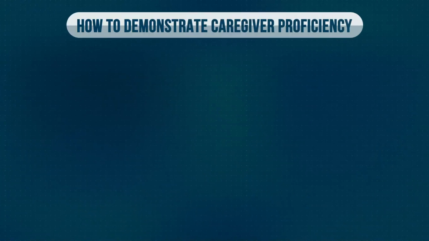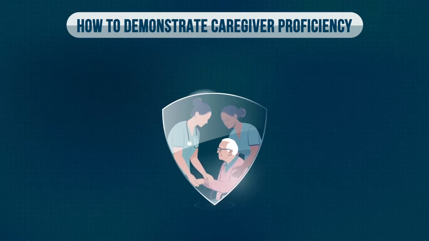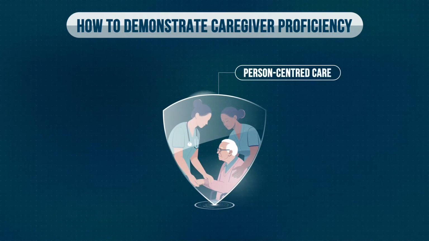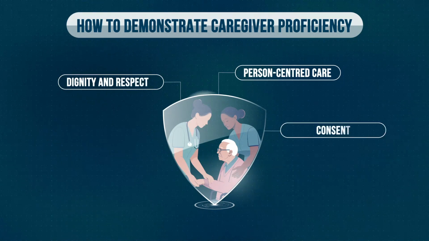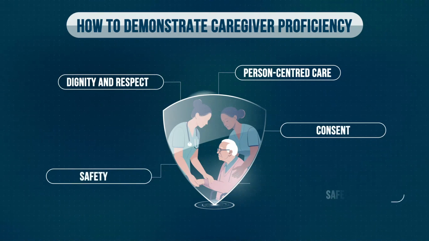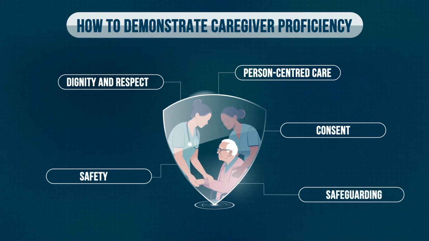Some examples of these designated standards are that a caregiver must show awareness and proficiency with person-centered care, dignity and respect, consent, safety, safeguarding, and many more, which you will find in the resource section.